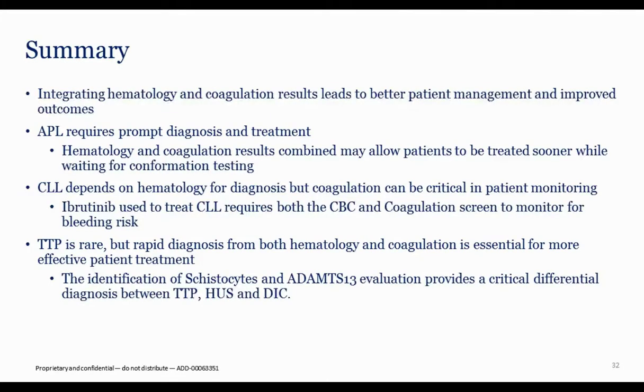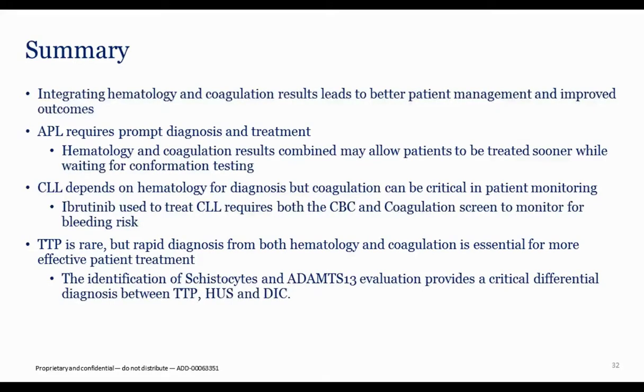As we can see with CLL, the hematology numerical results that we get from our analyzer show evidence of lymphocyte abnormalities that are associated with this condition. In addition, the CBC and coagulation screen can be used to monitor bleeding risk that we see in many of these patients. And these tests are very important when it comes to those patients with a therapy-related bleeding case.